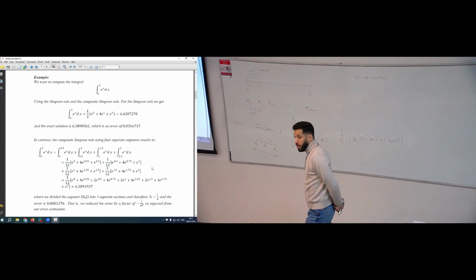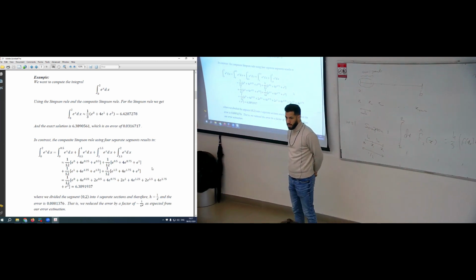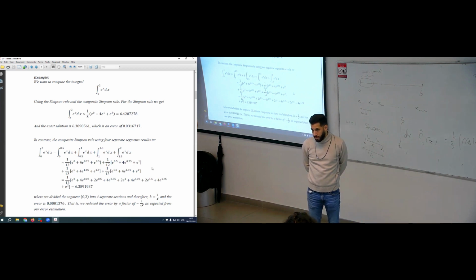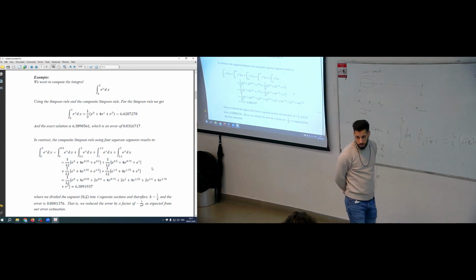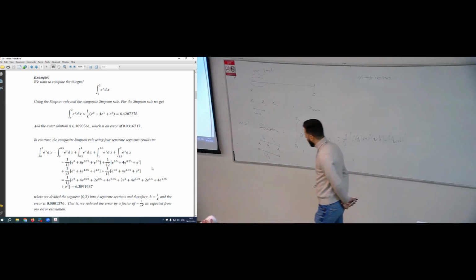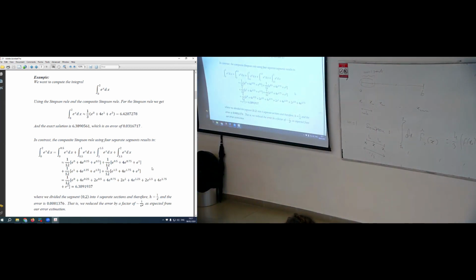In these examples, we're talking about cases where we know the function, but we want to find its integral. It's interesting because we use the same method to choose the best sample rate in an experiment. Of course, it's the same thing. When you do an experiment, you also have an error of measurement, so you can call it somehow the round-off error. So there is also an optimal h there.